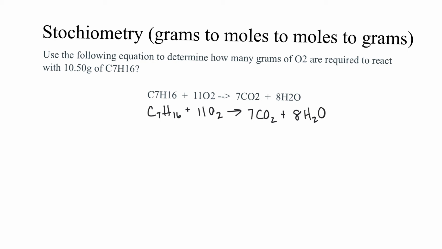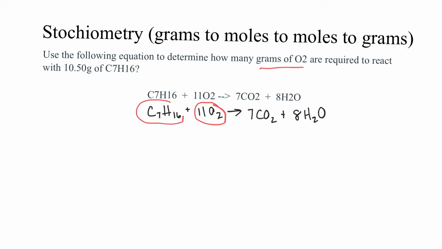Okay? It says use the following equation to determine how many grams of O2, and so we're interested in the O2 here, right? How many grams of O2 are required to react with 10.5 grams of C7H16, which is this one right here.